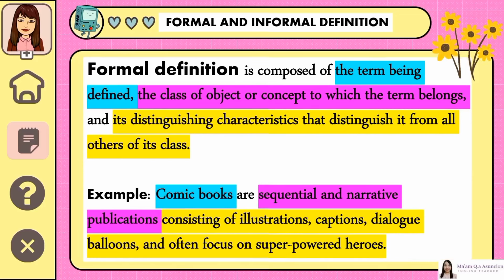Formal definition is composed of the term being defined, the class of object or concept to which the term belongs, and its distinguishing characteristics that distinguish it from all others of its class.